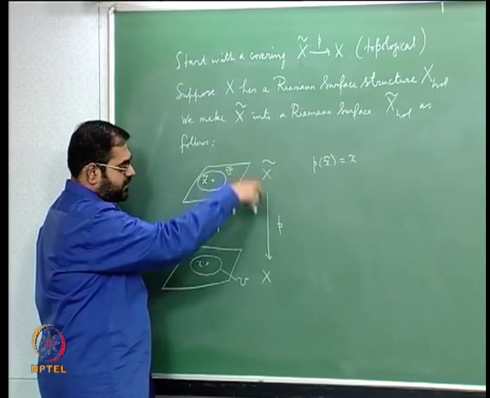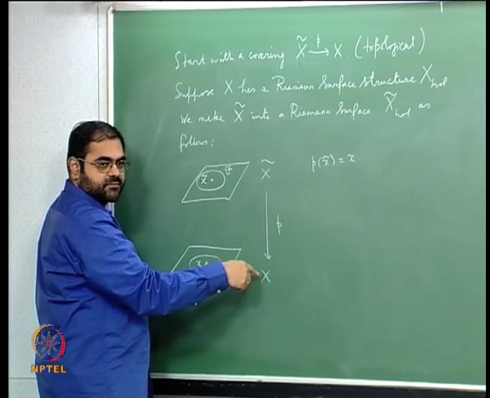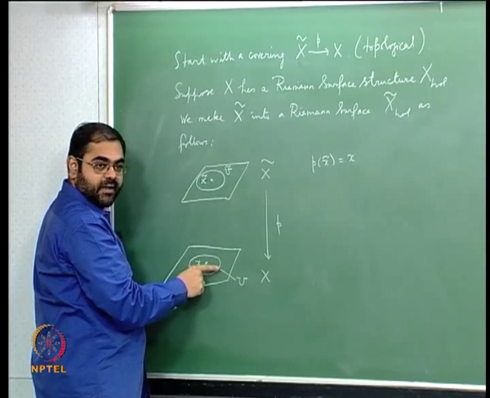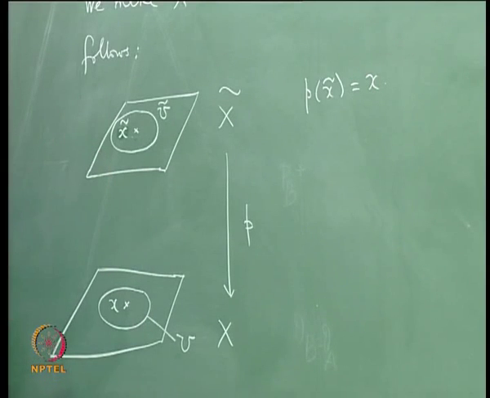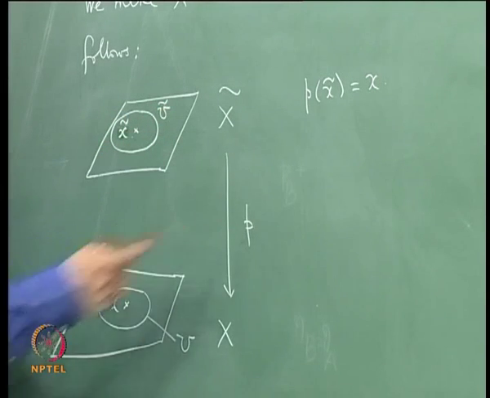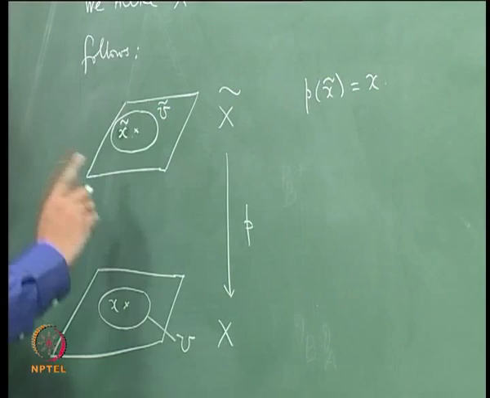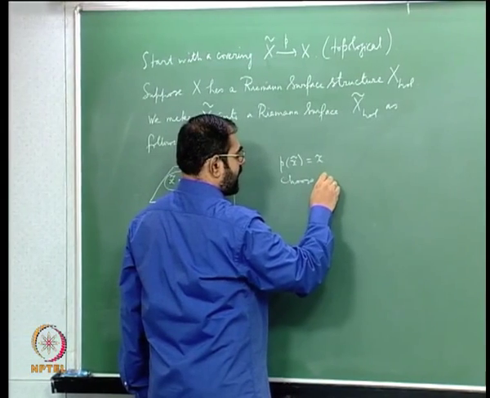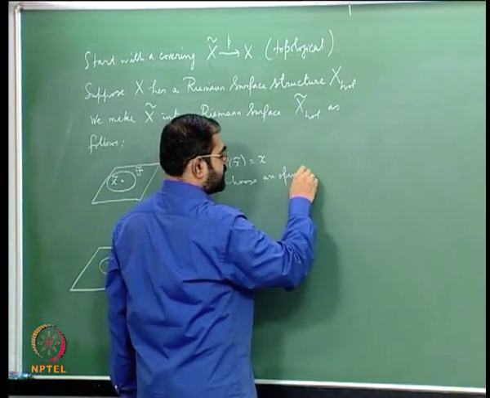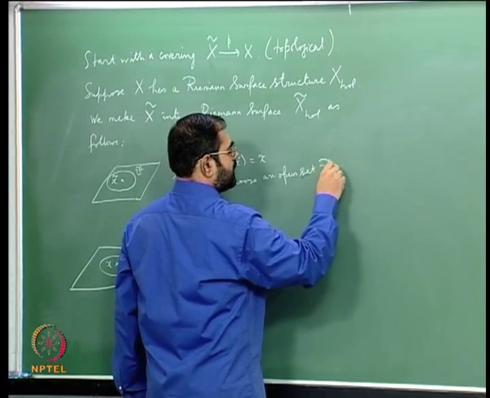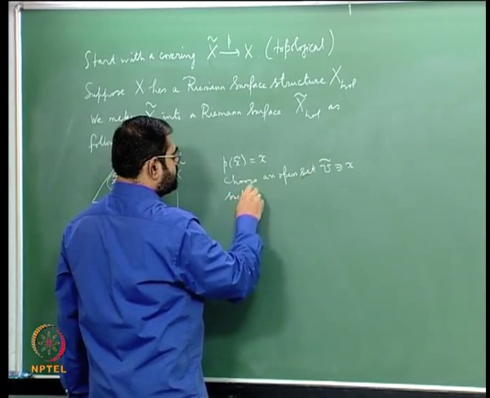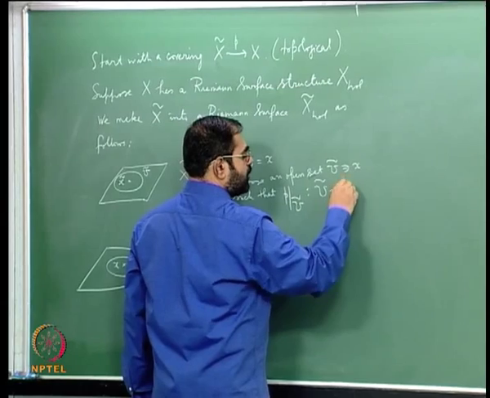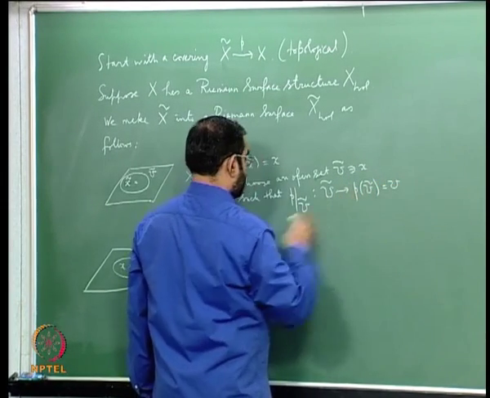Even if I knew only that it is a local homeomorphism, I can always take an open set above which is going to be mapped homeomorphically onto its image below, which is an open set, by this map P. So in any case we can choose an open neighbourhood, open set U tilde containing x tilde such that P restricted to U tilde, from U tilde to P of U tilde, which is U, is a homeomorphism.